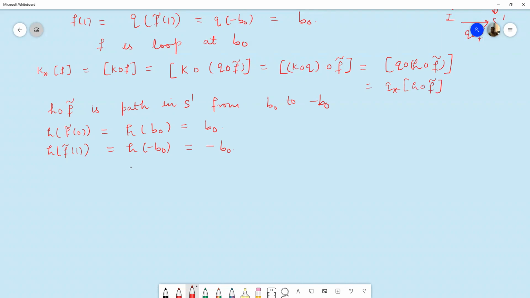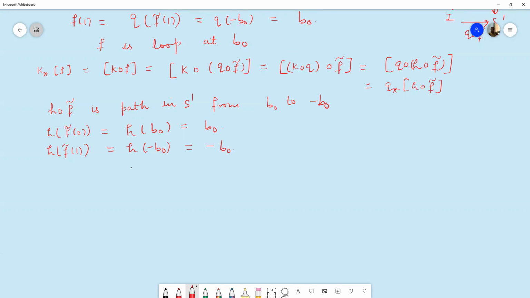Now Q star is a mapping from the fundamental group of the circle to itself, because Q is a mapping from S1 to S1. If H circle F curl is a non-trivial element, then Q star of this element is also non-trivial, because Q star is a homomorphism from Z to Z. If we take a non-identity element of Z, it will be mapped to a non-identity element under that mapping, because Q is a quotient map.